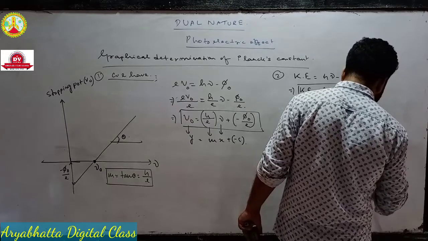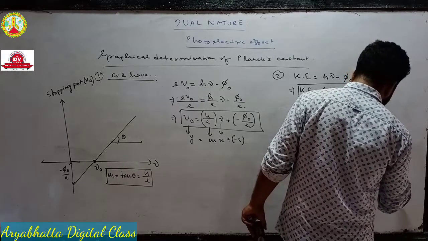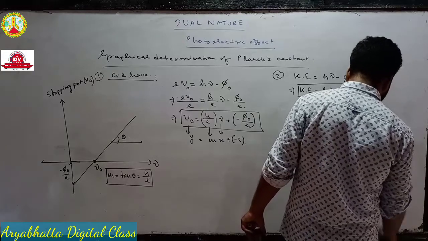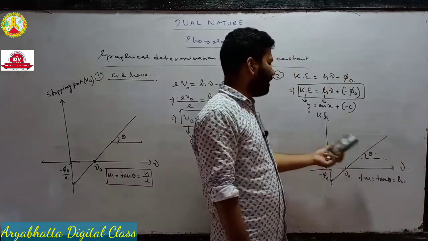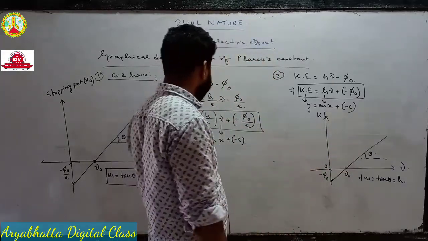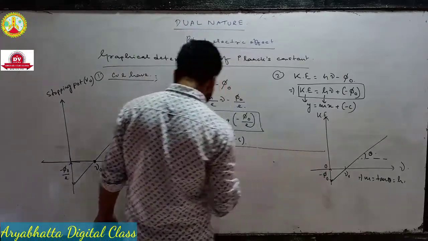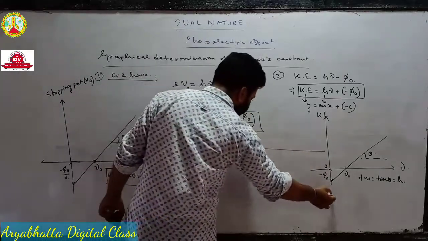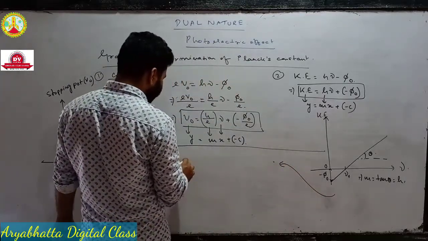Slope of the graph is theta, so m is equal to, from here we know tan theta, and this is nothing but h. So if you know the slope of kinetic energy versus frequency graph, this is nothing but Planck's constant. So finally what we can conclude from this, tan theta means what?